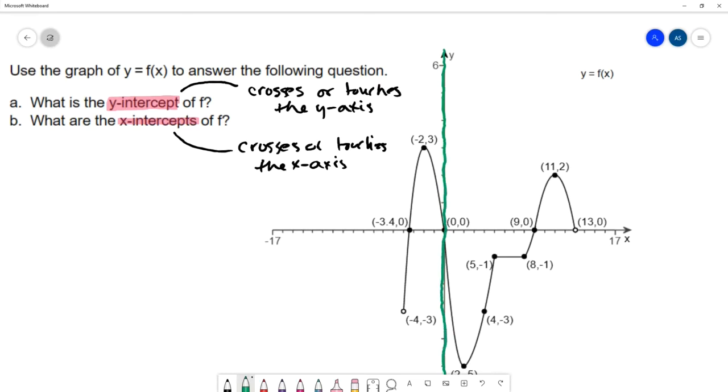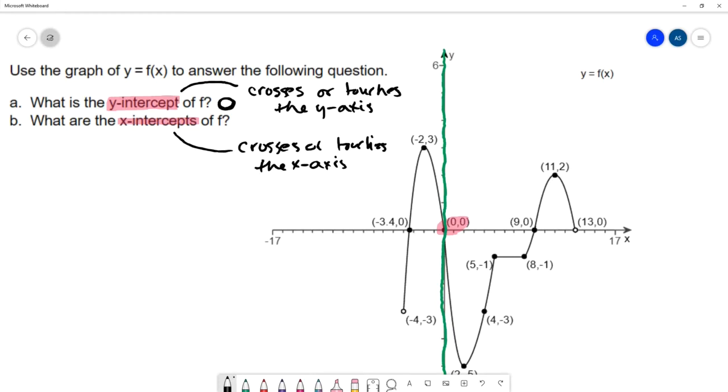And we're looking for a place when the graph crosses or touches that y-axis. So you can see right here, this point at 0, 0 is where the graph crosses the y-axis. So we would say that the y-intercept is 0.